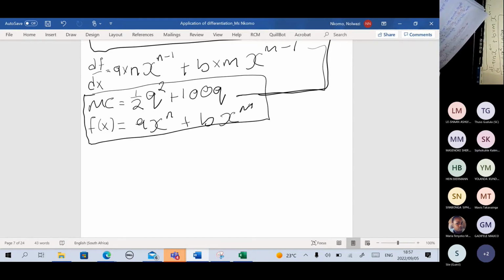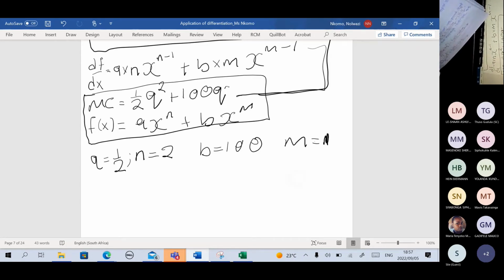If we compare these two equations, this means a is equal to half in this case, and n is equal to 2, right? Do we all agree? And b is equal to 100, and m is equal to 1, right?